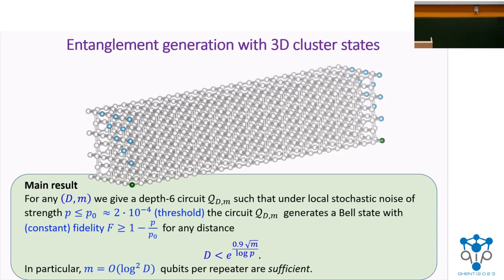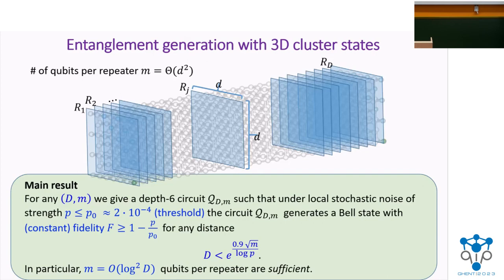Okay, and I should move on to the part of what the depth 6 circuit Q is. I'll explain this in the terminology that I've introduced before with entanglement swapping.